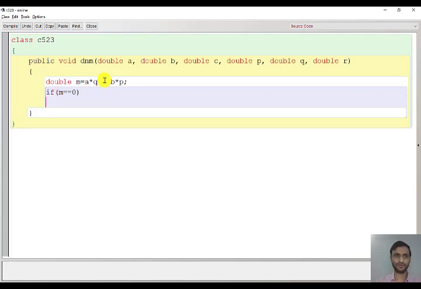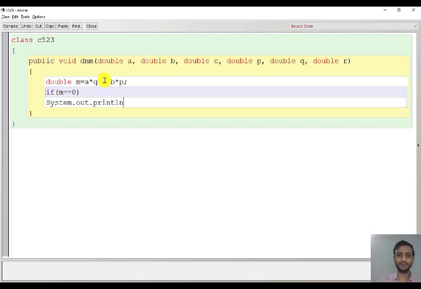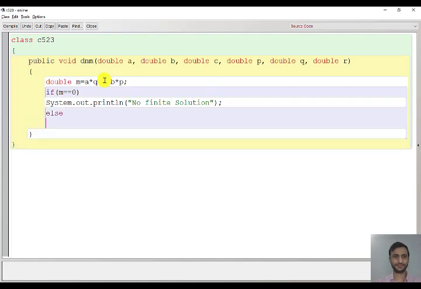If m is 0, then we will print System.out.println no finite solution. Else, means if it is not 0, then we will calculate the value of x and y.